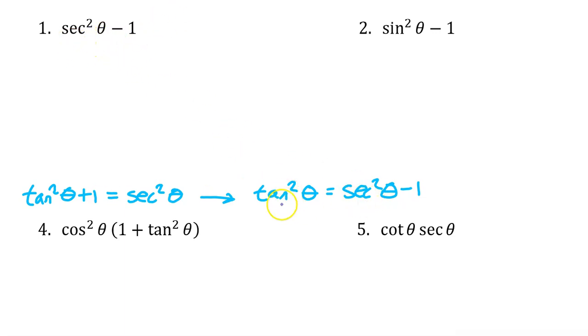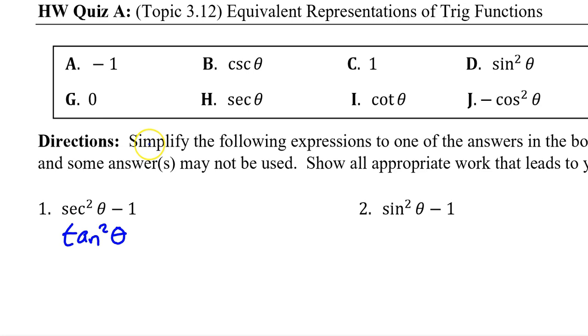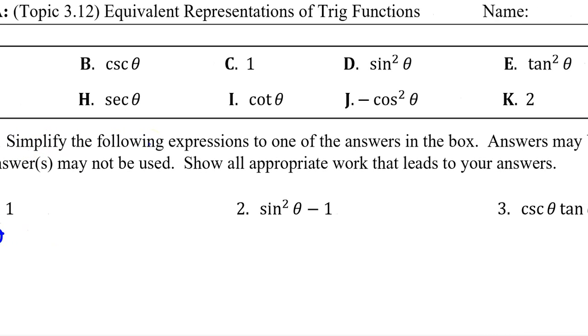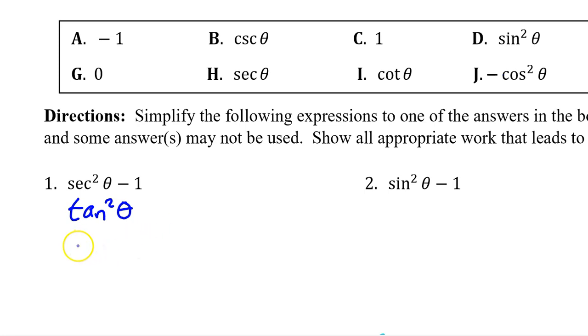So really, that's it. We can just replace this with tangent squared theta. Now let's look up and see what we've got. Haha, E. So the answer to number 1 is E.